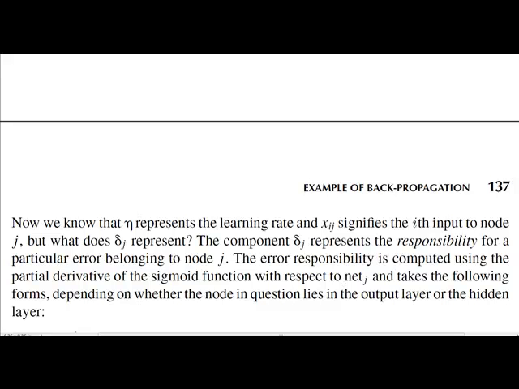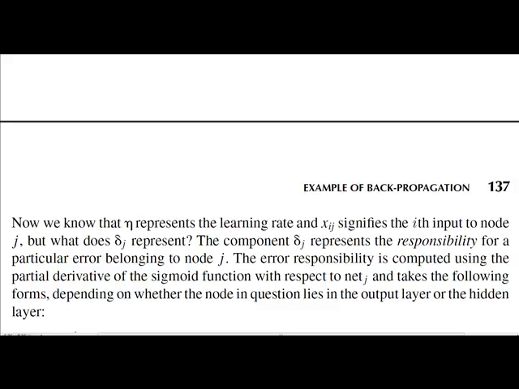So this is exactly what we said. This tells us how much responsibility should belong to a particular node or to a particular weight. The error responsibility is computed, and this is the part I have no idea where this comes from, using the partial derivative of the sigmoid function with respect to net j.